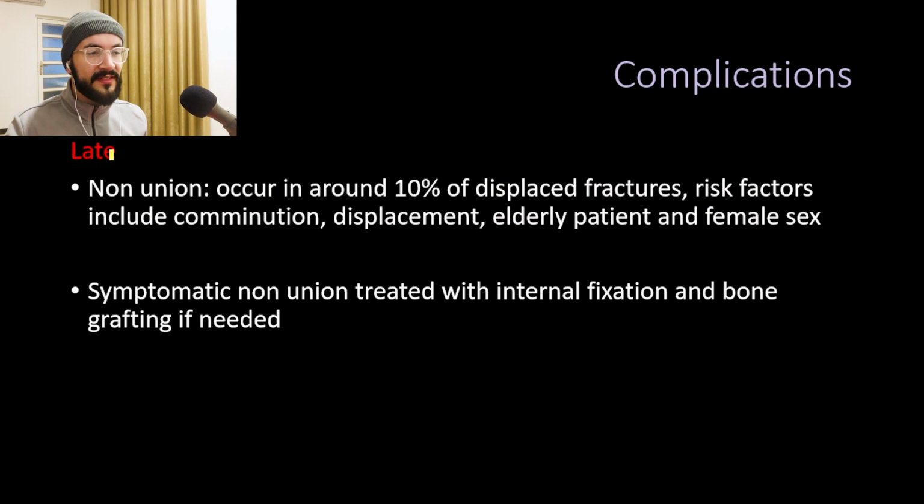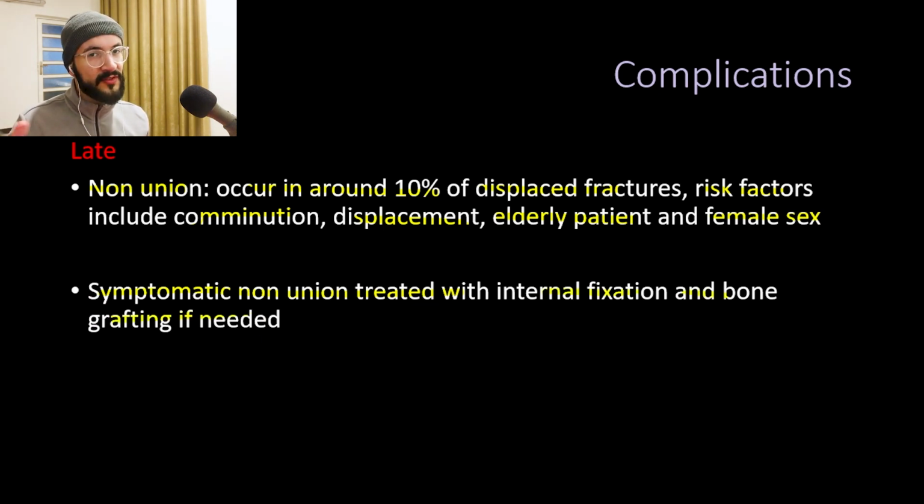Late complications include non-union. Non-union occurs in 10% of displaced fractures, and risk factors for non-union include comminution, displacement, elderly patient, and female sex. And symptomatic non-union is treated with internal fixation and bone grafting if needed.